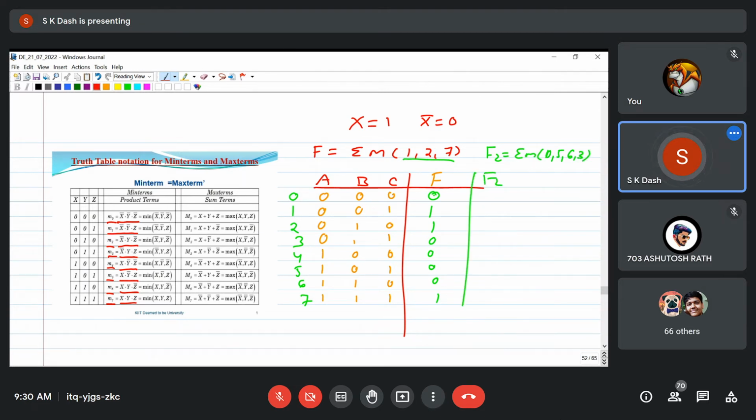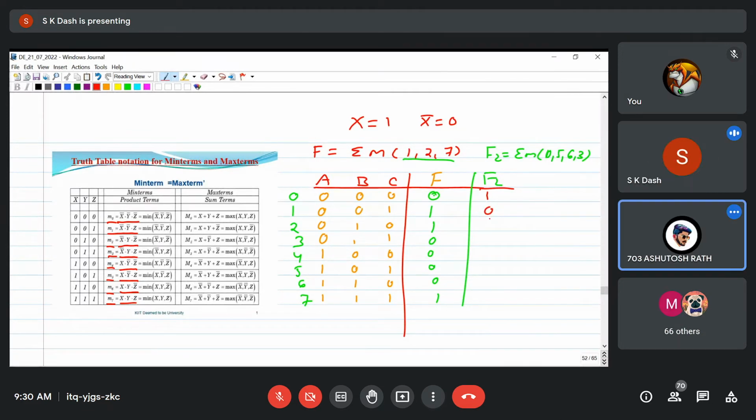What will F2 be, serially? 0, 0, 0, then 0, 0, 1. Then 0, 1, 0. Next 0, 1, 1. Then 1, 1, 0.